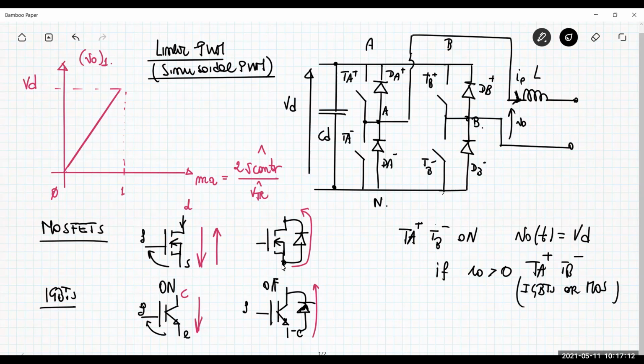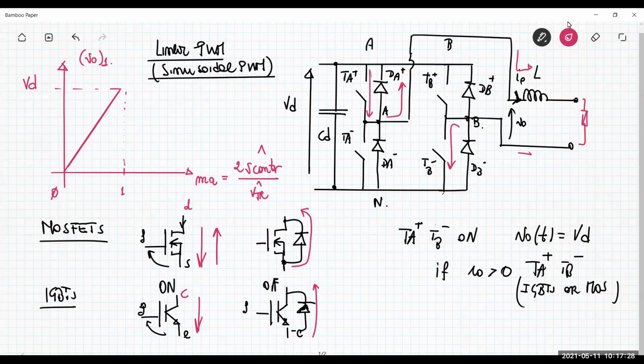Because the current flows in the right direction: it goes here, becomes positive, goes into the load here, and returns back there.